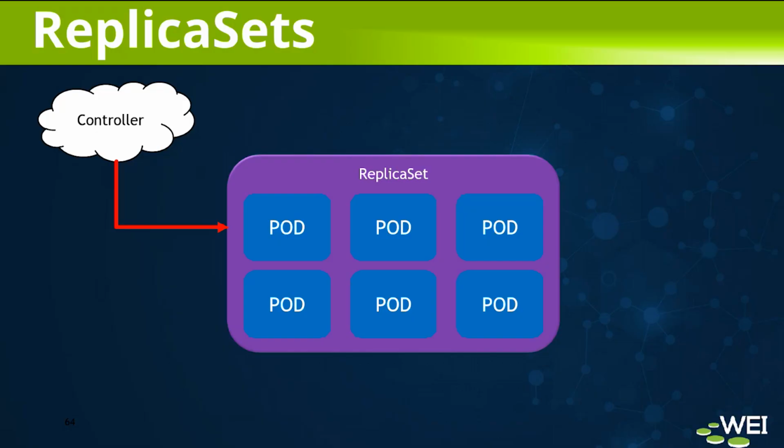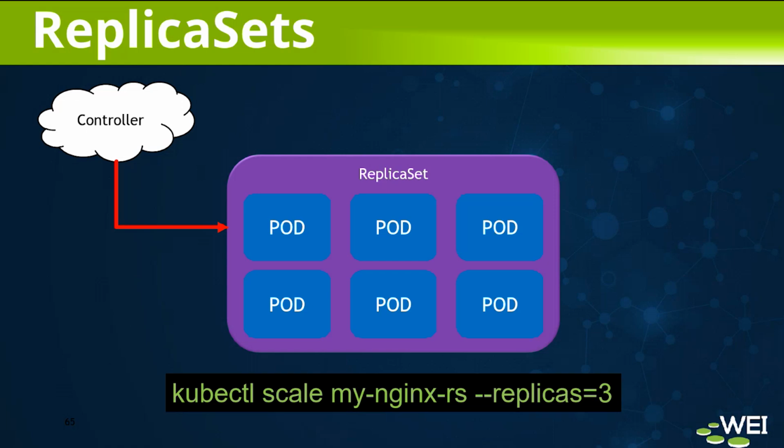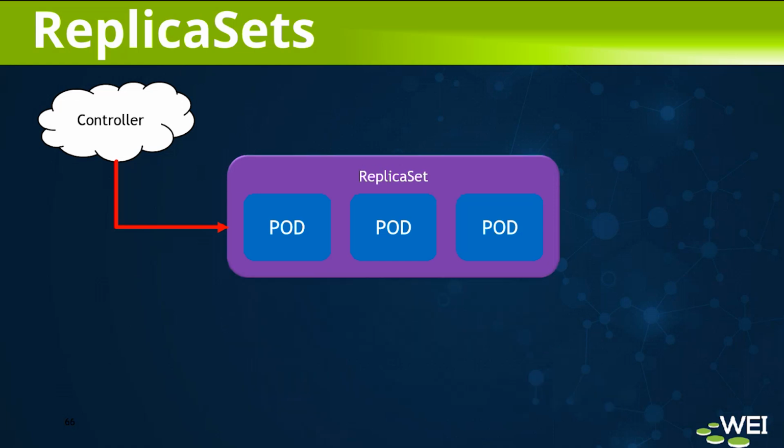After this traffic spike, to free up compute resources, we can use the same command to scale back down to 3 replicas, and the replica controller would remove 3 pods from our replica set. And for some reason, if one of our Nginx pods were to crash, the replica controller would see this, remove the unhealthy pod, and spin up a new one.